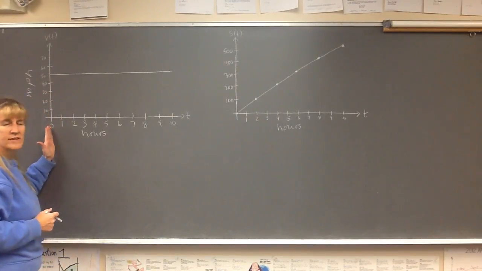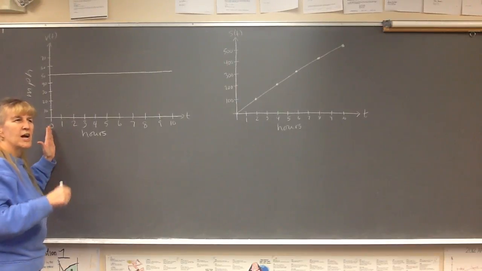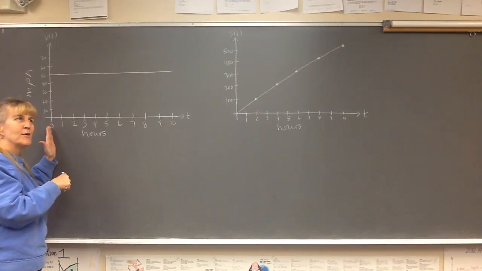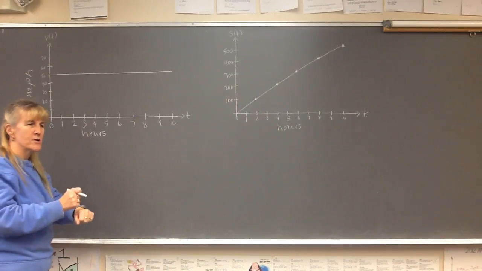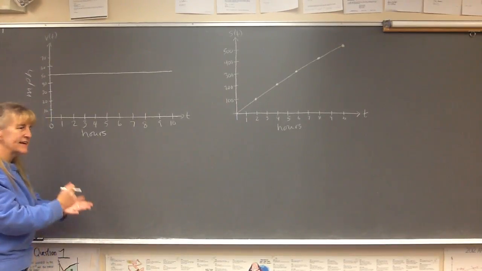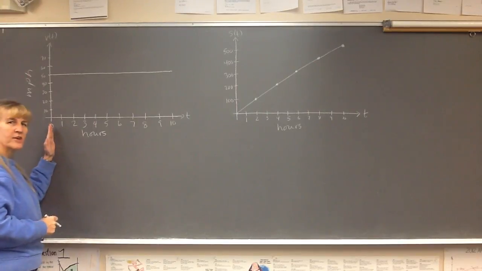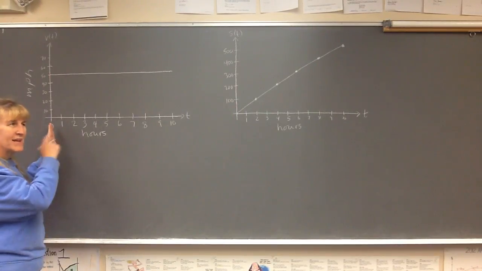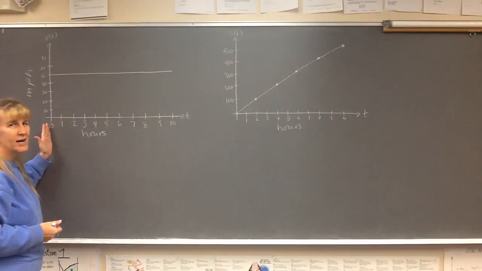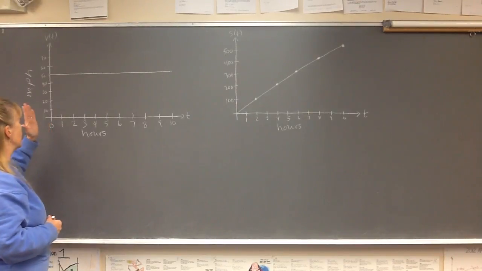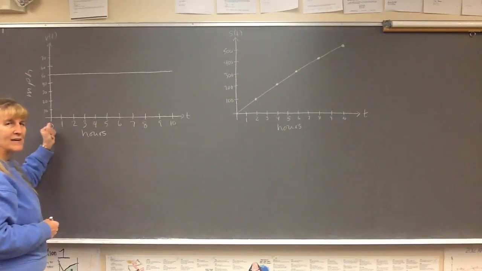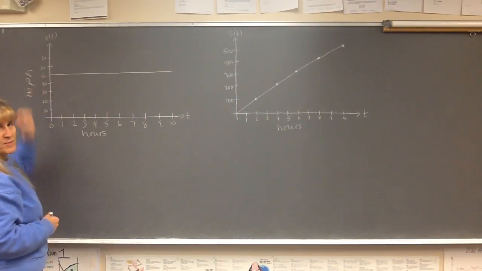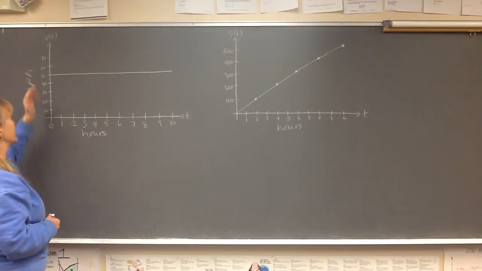What this zero represents is that somebody has started a timer at that second, and when they start recording velocity for whatever this is, could be a car driving down the highway, at the beginning of their recording, the velocity is 50 miles an hour. That's why at 0 I can be 50.